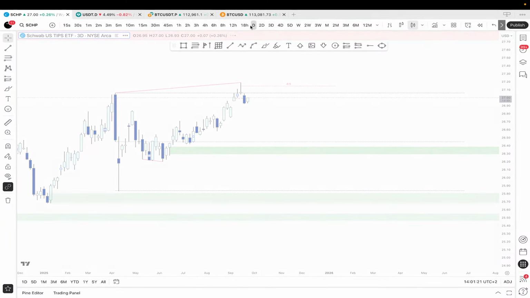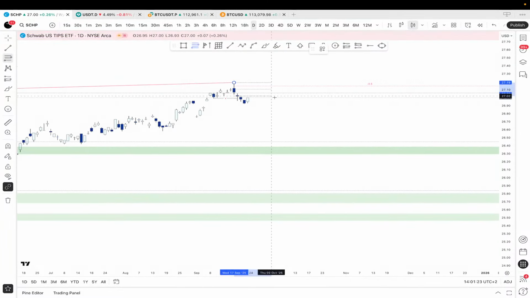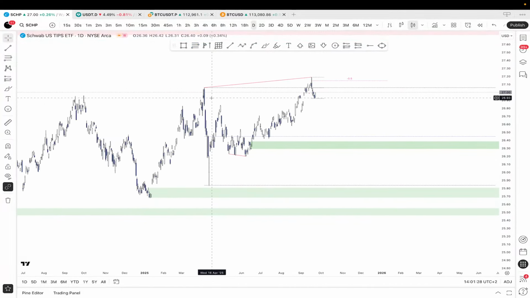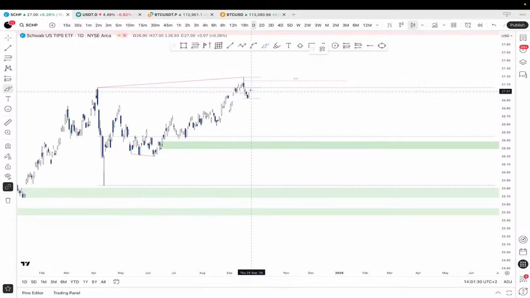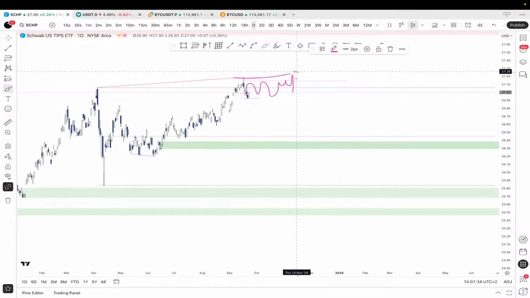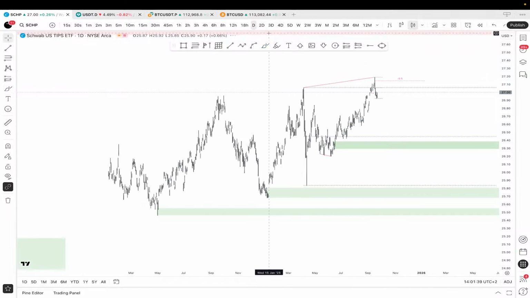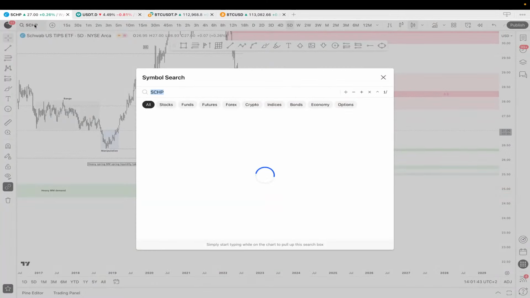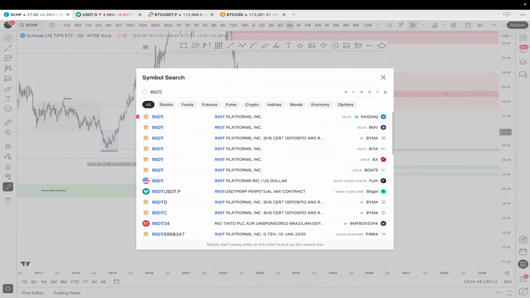It would be nice to form a range here. No confirmed Wyckoff, just it would be super nice if we create some price action here for them to create a mid time frame Wyckoff in here. That would be the thing I want, but hey, we do not always get what we want. We can also spike up to these levels. Then I quickly want to check out Riot platforms.